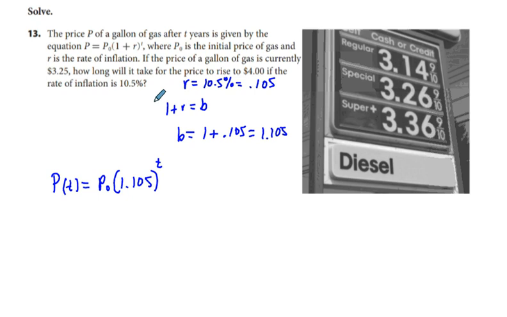So it's asking how long it'll take. Let's say we want to go from 3.25 initially to $4 a gallon. So 4 on the left side is equal to 3.25 times 1.105 to the power of T. And we divide by 3.25.